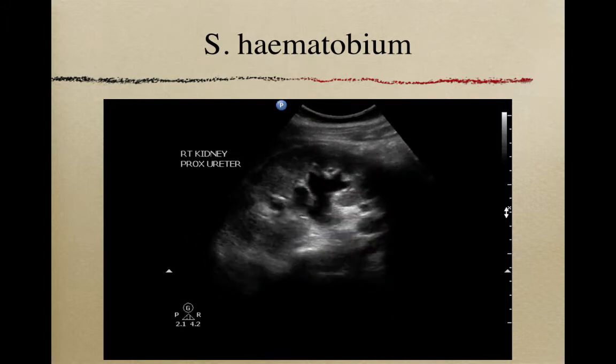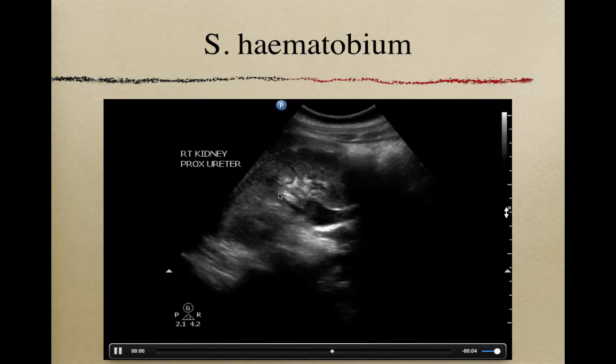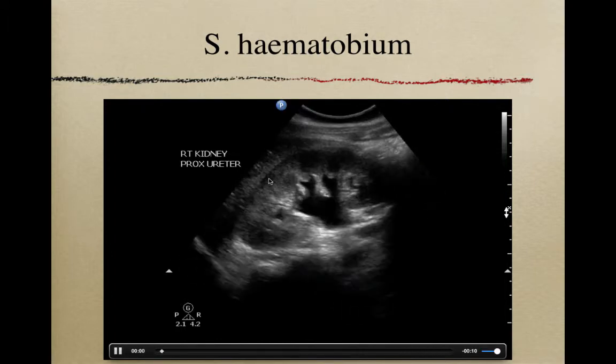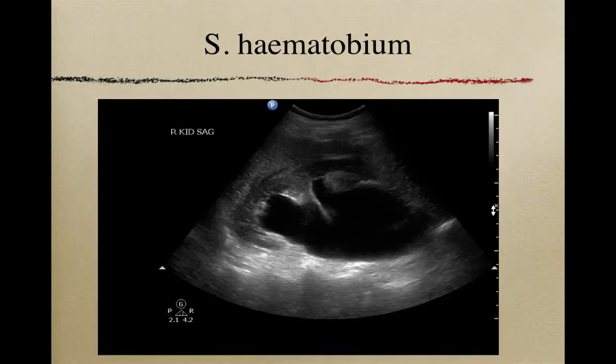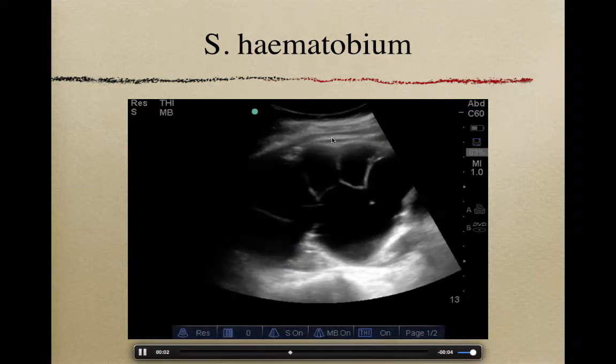This is a finding of moderate hydronephrosis, so we're seeing a little bit more dilation here, and a little thinning of that cortex in this case. Finally, severe hydronephrosis, where we're actually getting marked dilation, as well as starting to see some thinning here, all the way to the point where you see almost complete obliteration of the kidney.